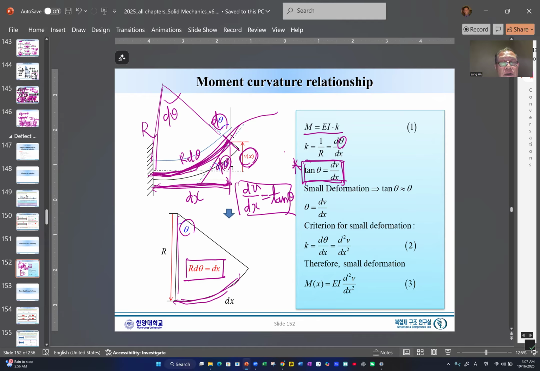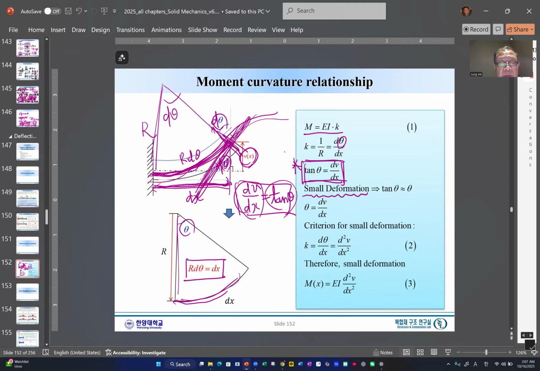Okay, this is nothing new. You already know you have a curve, you have a tangent. The tangent is given as tangent theta. So theta over here is a tangent. That tangent will be the same as the cross-sectional rotation. Now we assume small deformation.